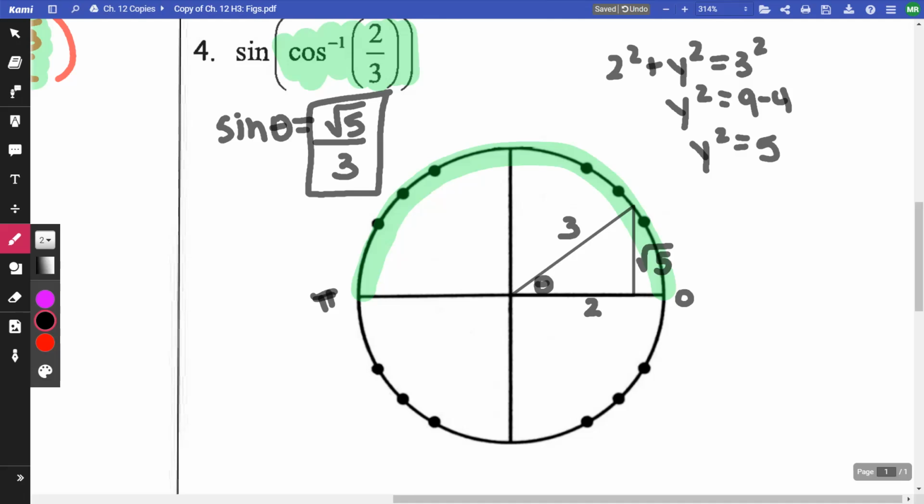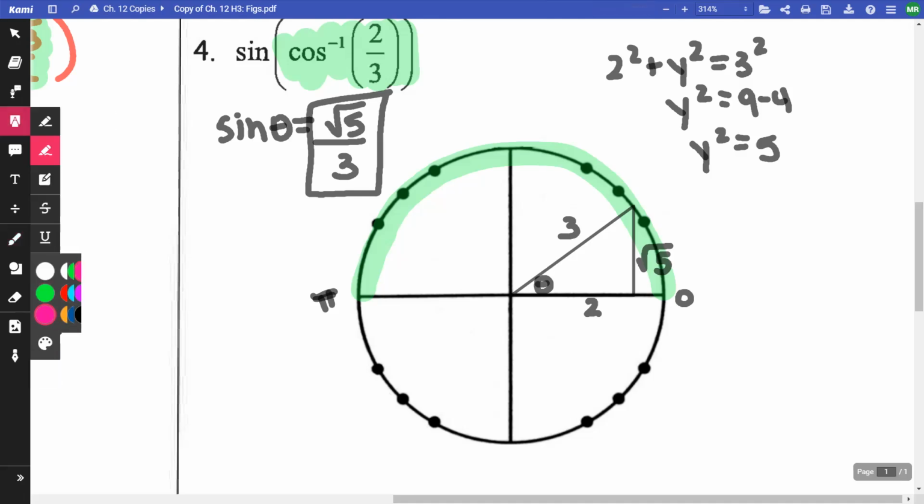On this one, we're trying to find the angle, and I don't really need the angle value, but the angle that gives me a cosine of 2/3, I want to find the sine of that same angle. And the sine of that angle is going to be root 5 over 3.